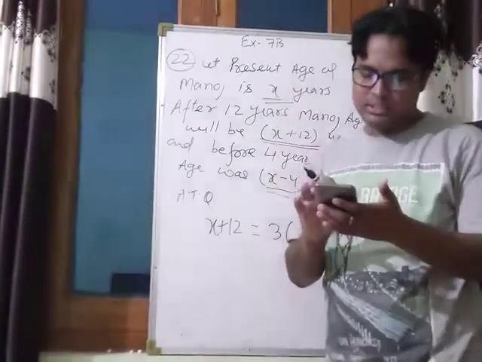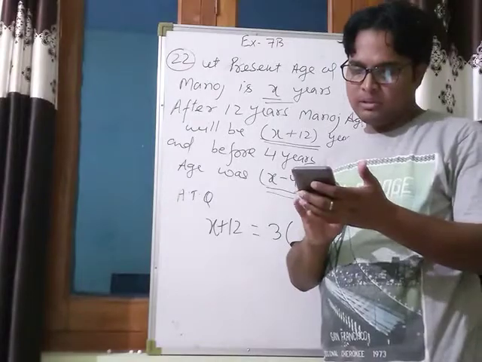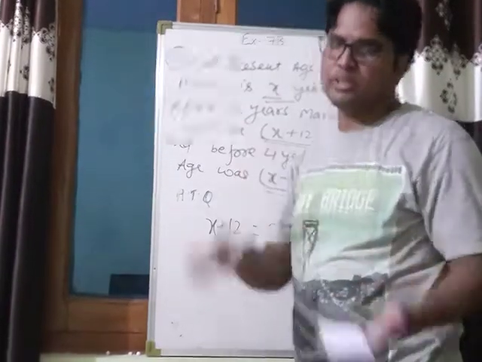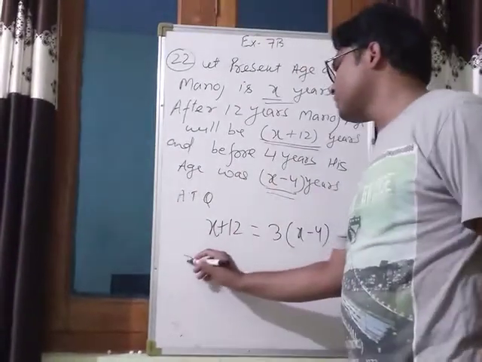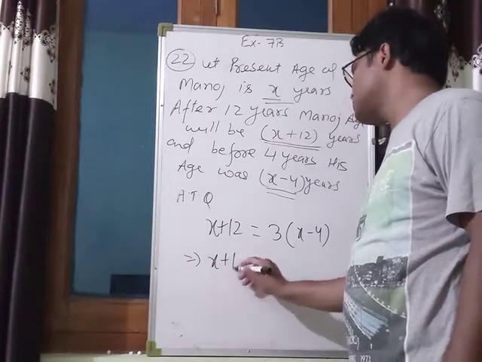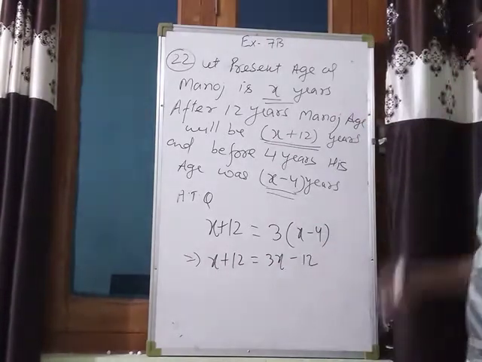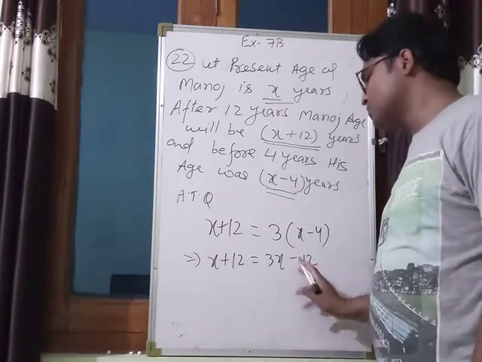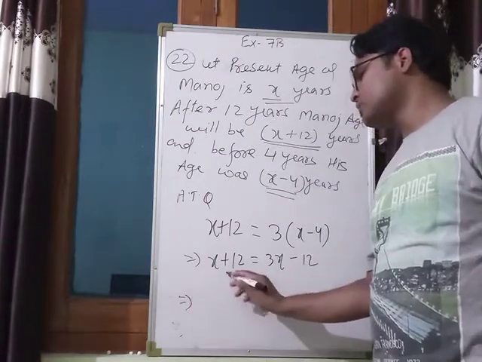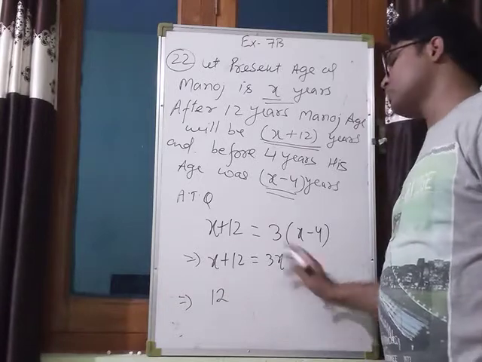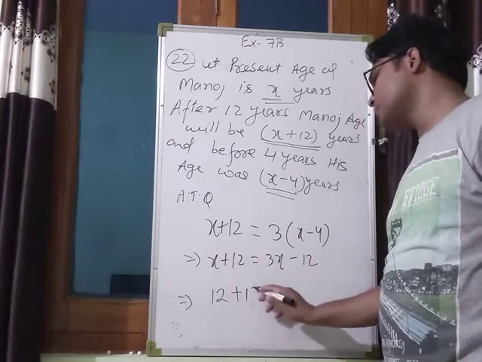Okay, read this question again: 3 times as old as he was 4 years ago. Now solve this, find out X. So X plus 12 is equal to 3X minus 3 fours are 12. Now transfer this minus 12 to the right side, that will be plus 12.